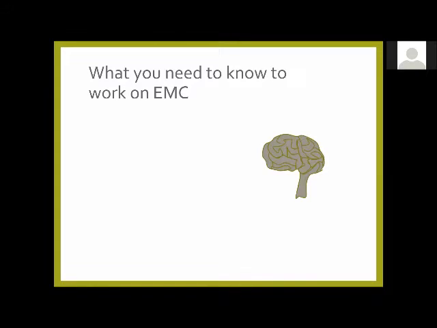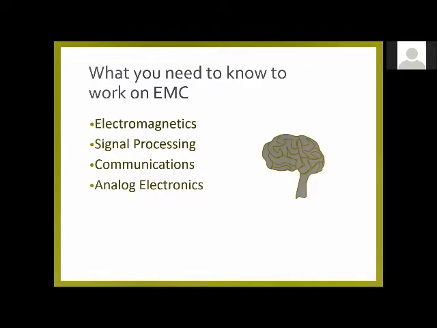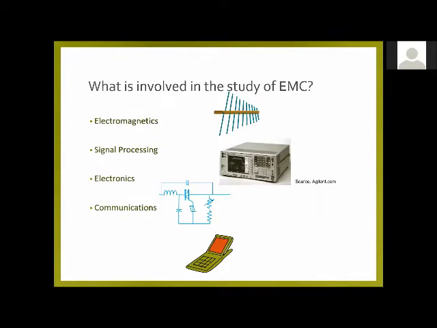So the topics in school, what are you going to look at? Electromagnetics, signal processing, communications, analog electronics, digital electronics, and PCB layout and software. So electromagnetics, we think of antennas. Signal processing, think of receivers.